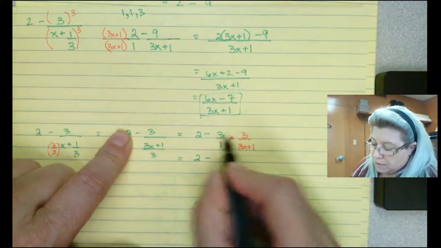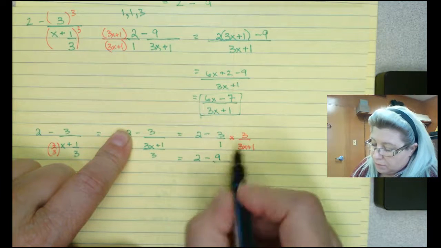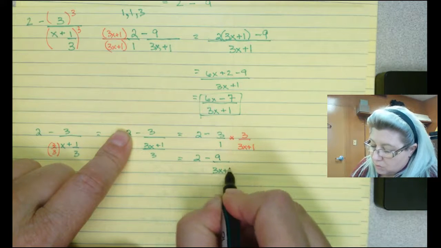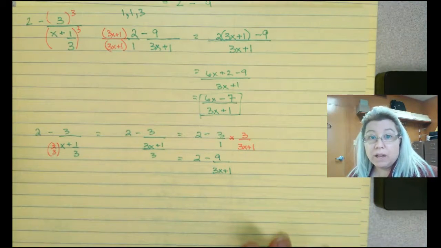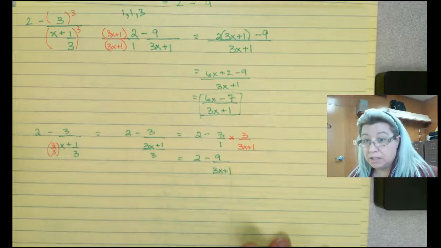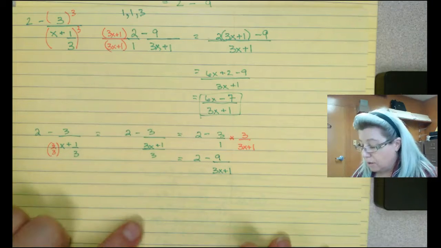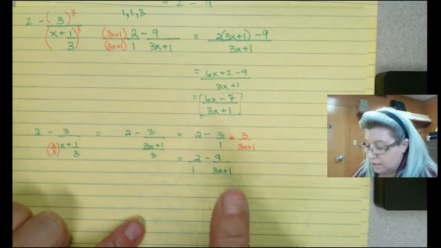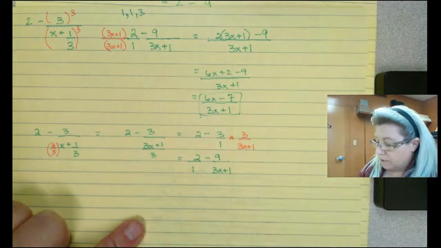2 minus 3 times 3 is 9. 1 times 3x plus 1 is 3x plus 1. And now I carry on like before. I have to find common denominator to be able to do this math. Common denominator between a 1 and a 3x plus 1 is 3x plus 1.